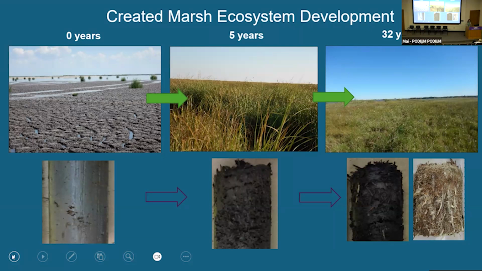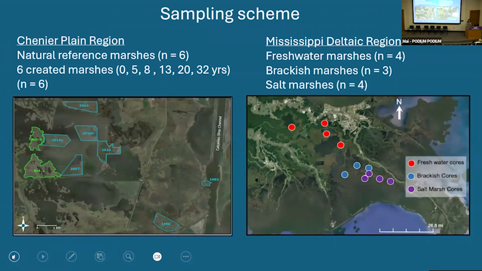So we wanted to test this in some created marshes in Louisiana. And so here we have some natural marshes in the Mississippi Deltaic region in this sort of interdistributary basin, transgressive marshes. So we have cores collected in freshwater marshes, brackish, and salt marshes.